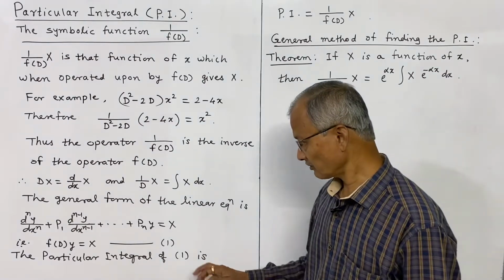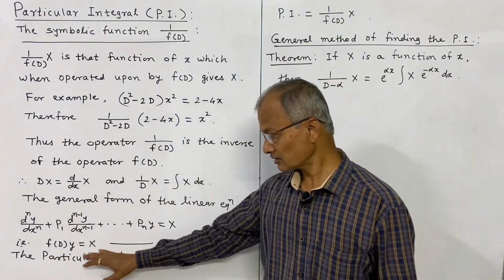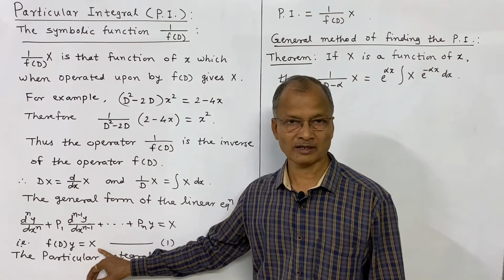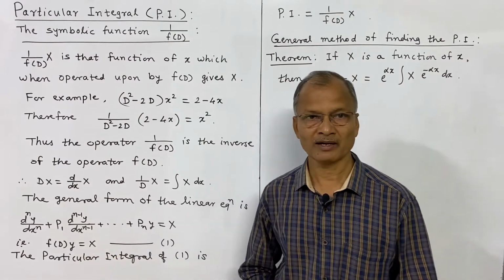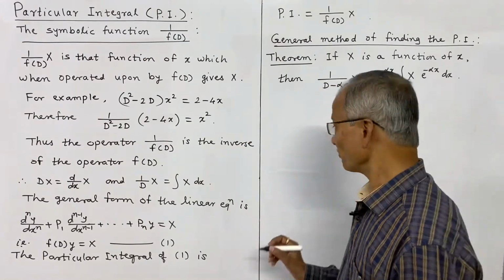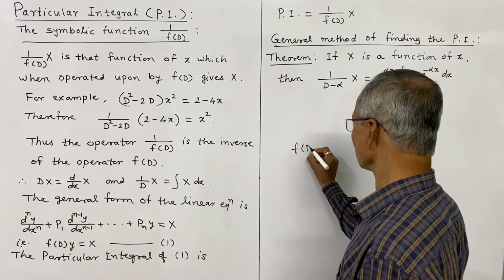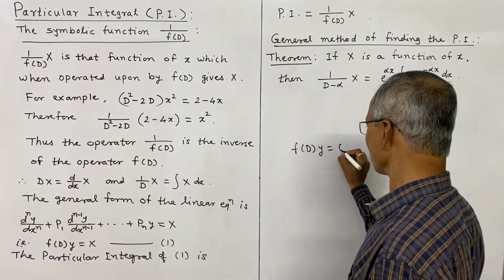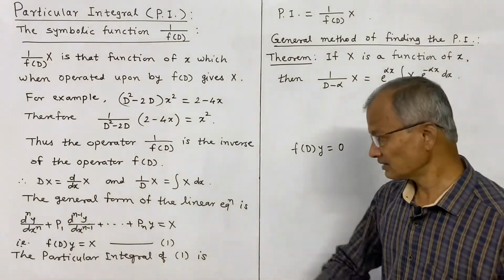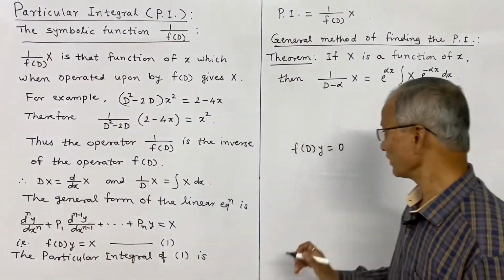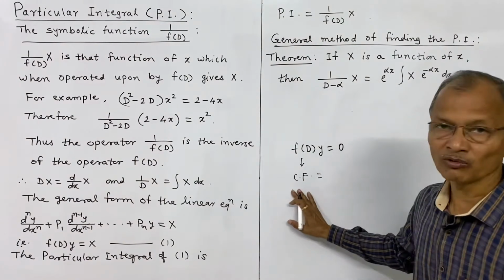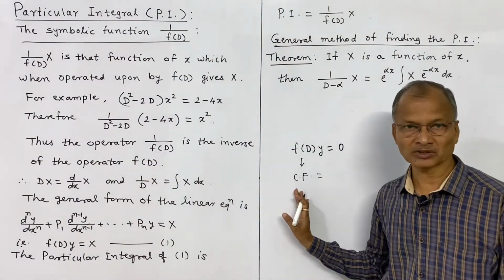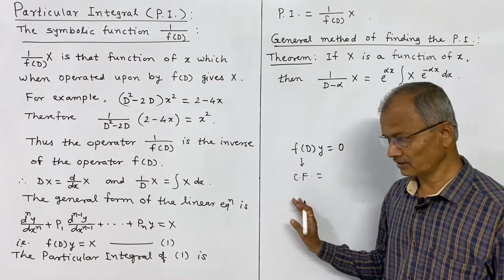And we have seen that the general solution of this linear differential equation consists of two parts: complementary function and particular integral. The complementary function is the solution of f of D on y is equal to 0. The right side is taken as 0, and the solution we have denoted by CF, and we have studied how to obtain the complementary function of the linear equation.